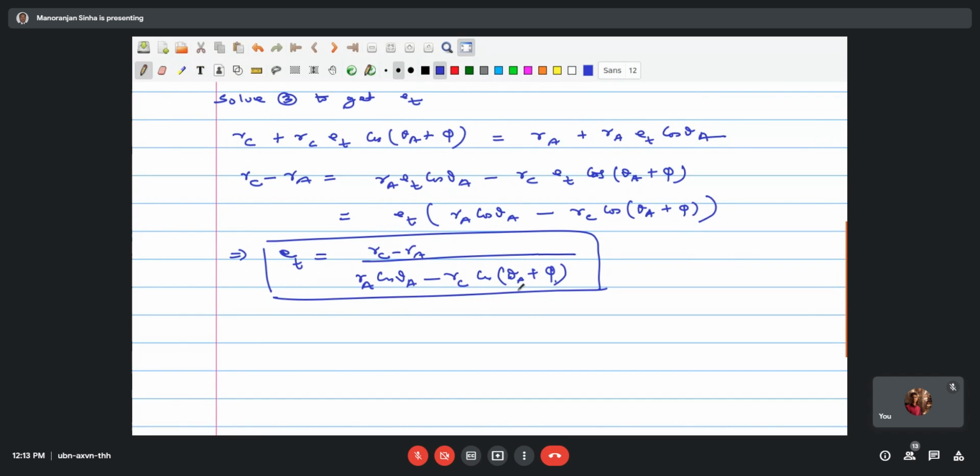So what we assumed here, this quantity is assumed, and therefore this is known. This quantity is known. RA, RC, this quantity is known. This is also known.